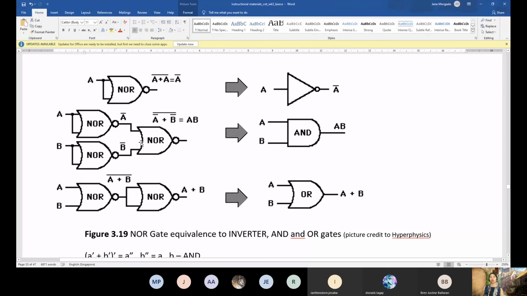For AND, you have NOR gates configured as inverters at the inputs, and then another NOR. For OR, you have NORs in cascade: a NOR followed by another NOR configured as an inverter. So again, we have to convert the inverter to this. You have 3 NOR gates, or double NOR gates.